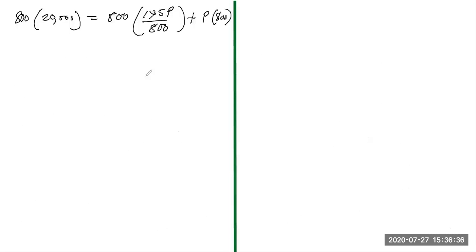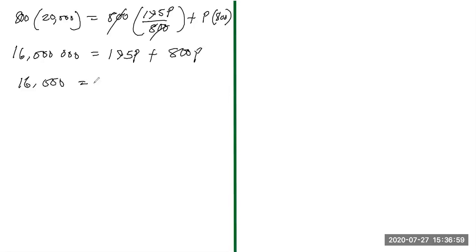And you can see that when this cancels this, everything will now become a whole number equation. So this one will give us 16 million equals 195p plus 800p.